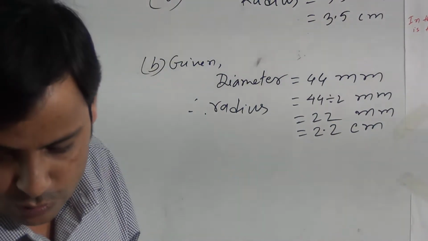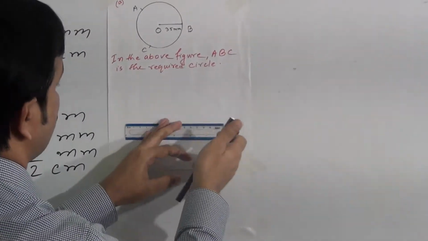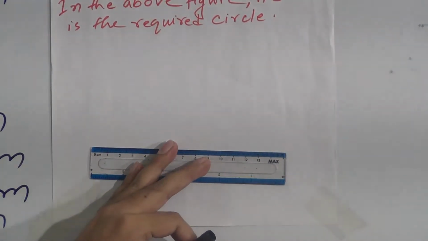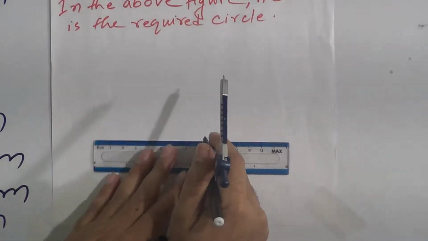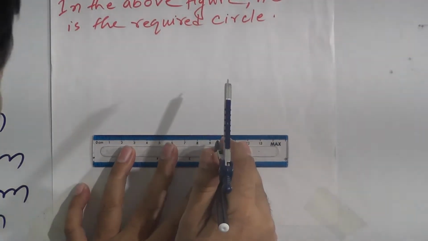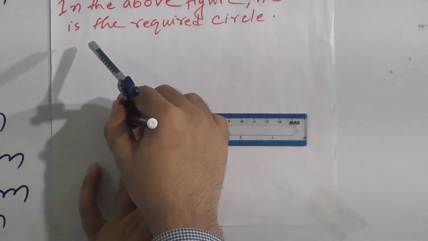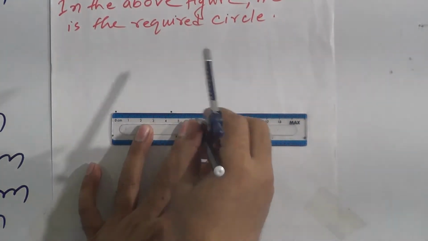Okay, dear students, now draw the circle. To draw the circle, at first take the diameter. It means that 44 millimeter. So we can consider from 0 to 44 millimeter.